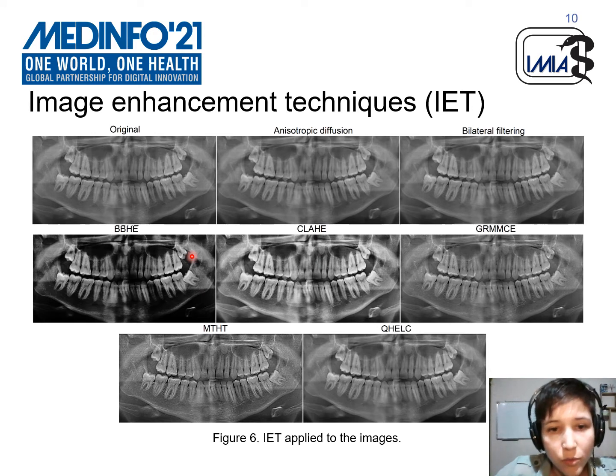In figure 6, we can see a comparison of an original image with an image enhanced with one IET. And for more detail about these techniques, please refer to the paper since we don't have enough time to describe them here.